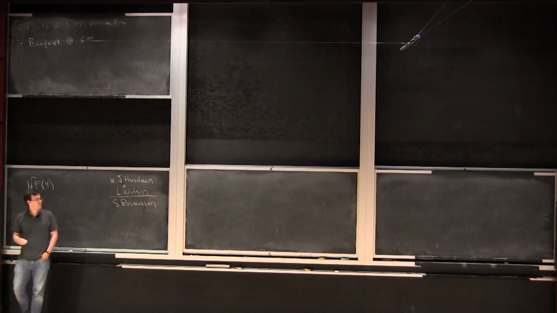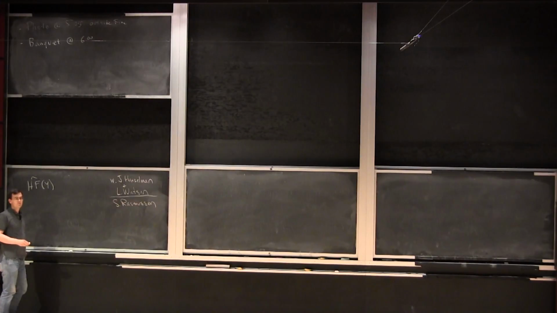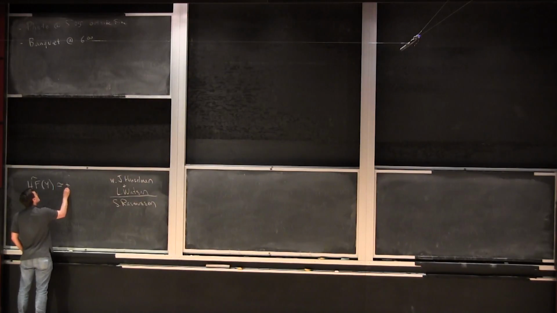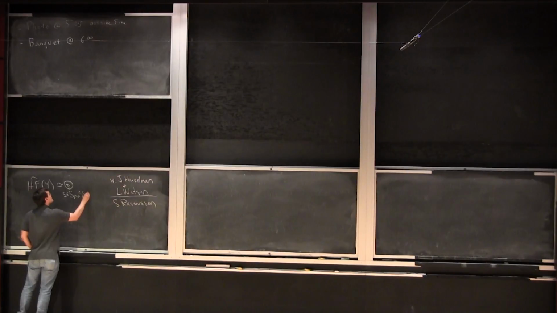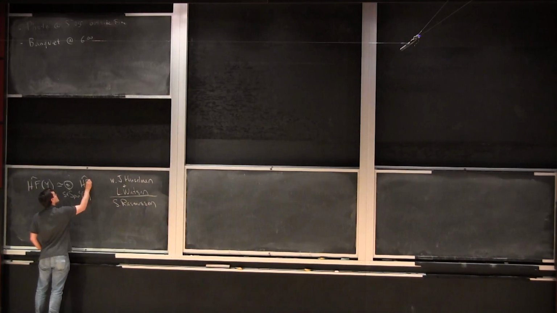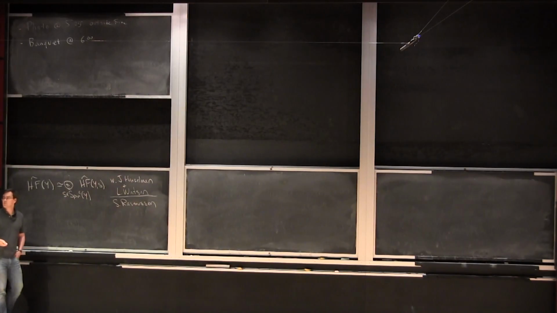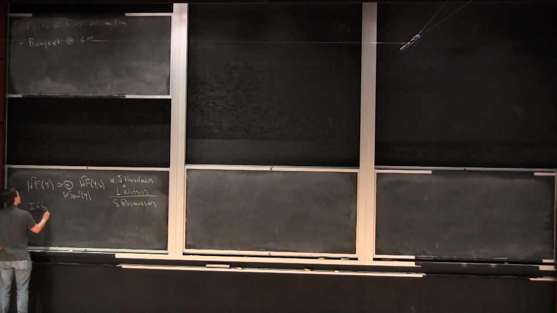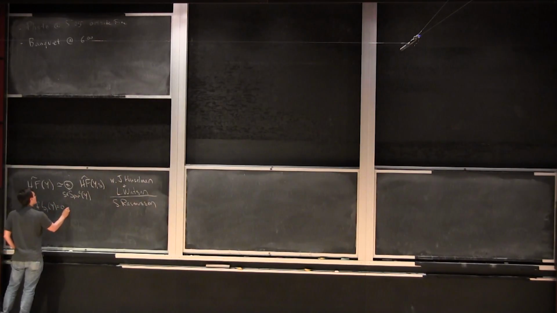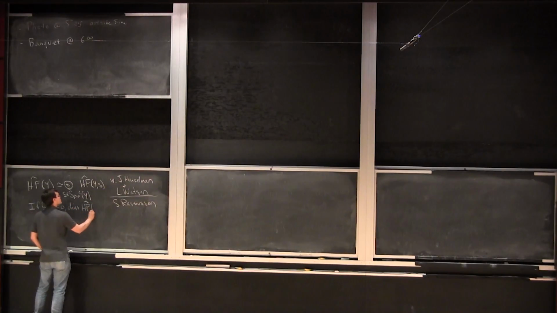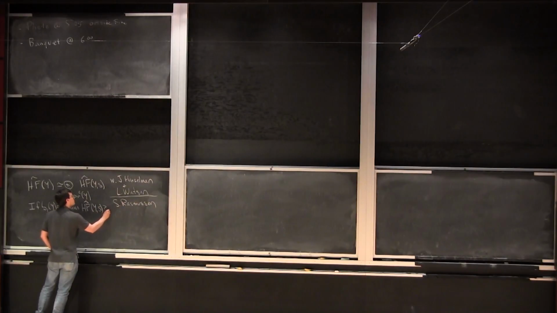Okay. So coming back to HF hat of Y, we know that this splits as a direct sum over S in Spin^c of Y, of HF hat of Y, S. And it's a theorem of Ozsváth and Szabó that if b_1 of Y is 0, then the dimension of HF hat of Y, S is always at least 1.